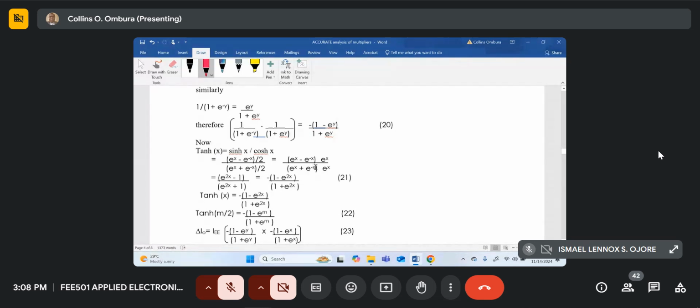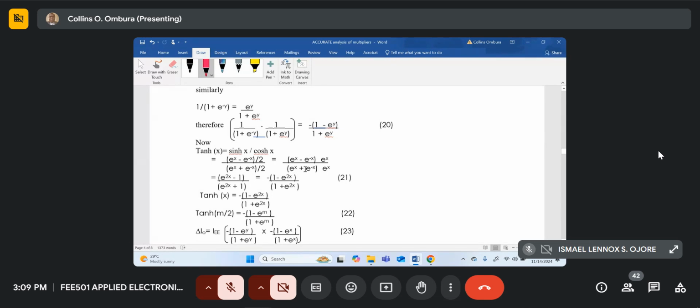Then to simplify it, what I'm going to do, I'll multiply the numerator and denominator by e to the positive x. And if you multiply in the numerator e to the x into the top part, you'll get e to the positive 2x minus 1, because e to the minus x into e to the x will be e to the 0, which is the same as 1.